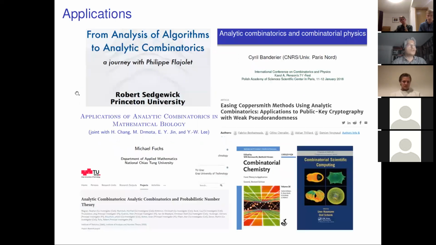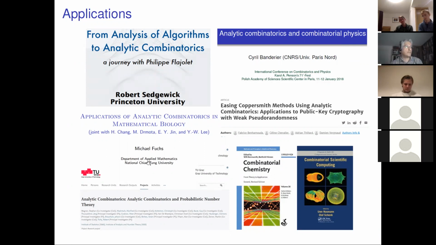And so this is something that started in analysis of algorithms. And nowadays, as you can see, there are papers where they are applying it to combinatorial physics. I don't know much, but I have heard that there is something called quantum walks, the quantum version of random walks, and they apply that. Just like you count random walks, you can count quantum walks.